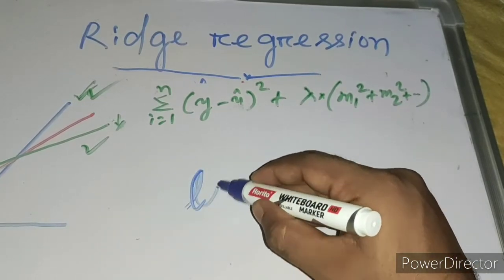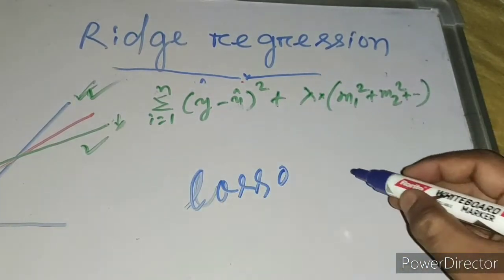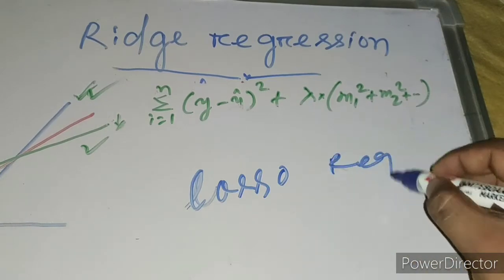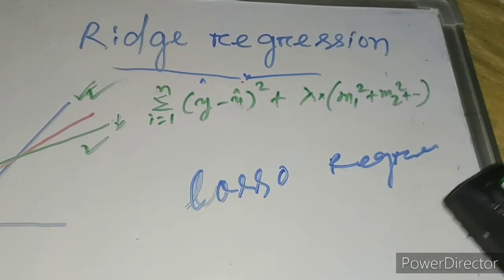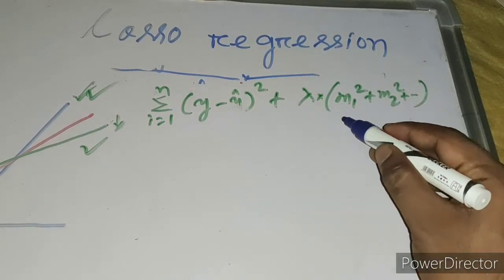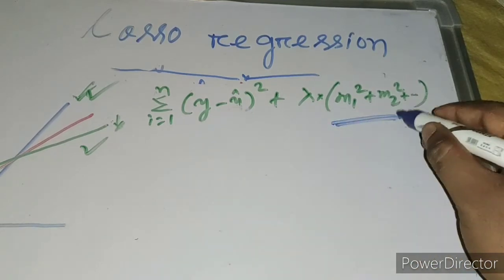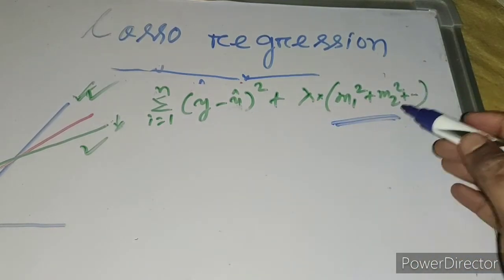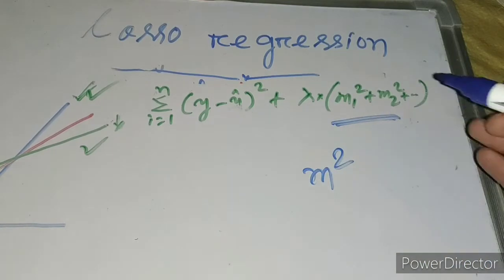Lasso regression. In lasso regression, most of the things are quite similar to ridge regression. The only difference is that the squaring is not done. Here the m value is not squared, so we do not have to implement square.